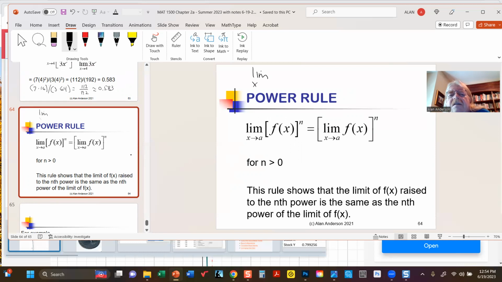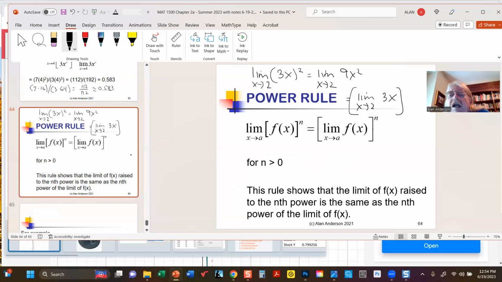In other words, the limit as x approaches 2 of 3x squared, which is the same thing as the limit as x approaches 2 of 9x squared. If I prefer, I can rewrite that as the limit as x approaches 2 of 3x and evaluate that first and then square the final result.